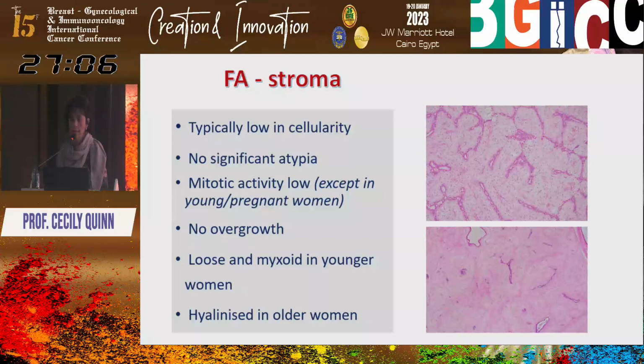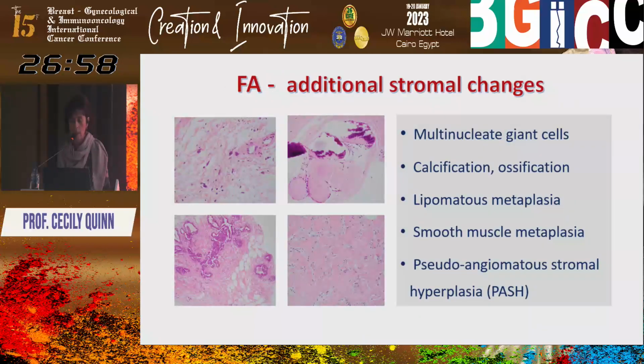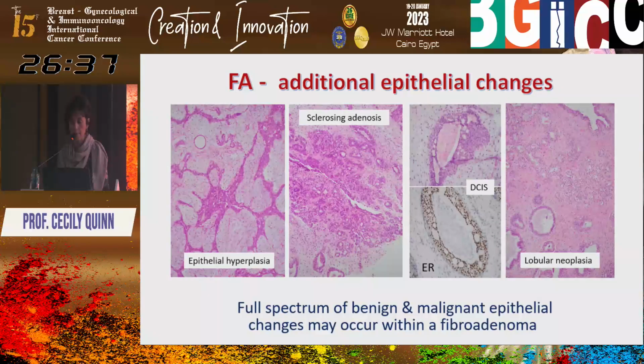The stroma tends to be loose and myxoid in younger women, but more hyalinized in older women, as you can see in the lower picture. It's very common to see additional stromal changes, including giant cells, calcification, lipomatous or smooth muscle metaplasia, and sometimes PASH. We see all of these changes in fibroadenoma. However, we can also see them in phyllodes tumor, so they don't really help us in that distinction.